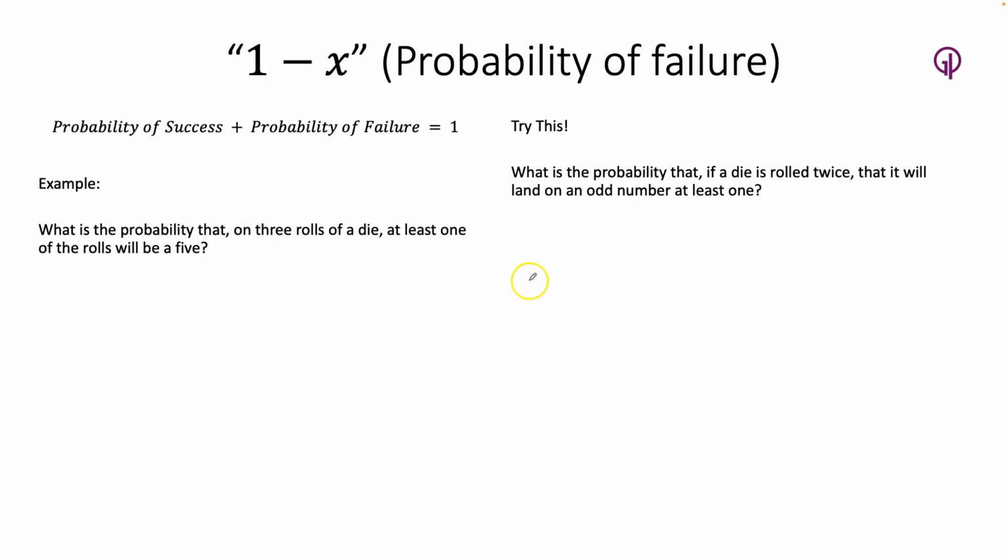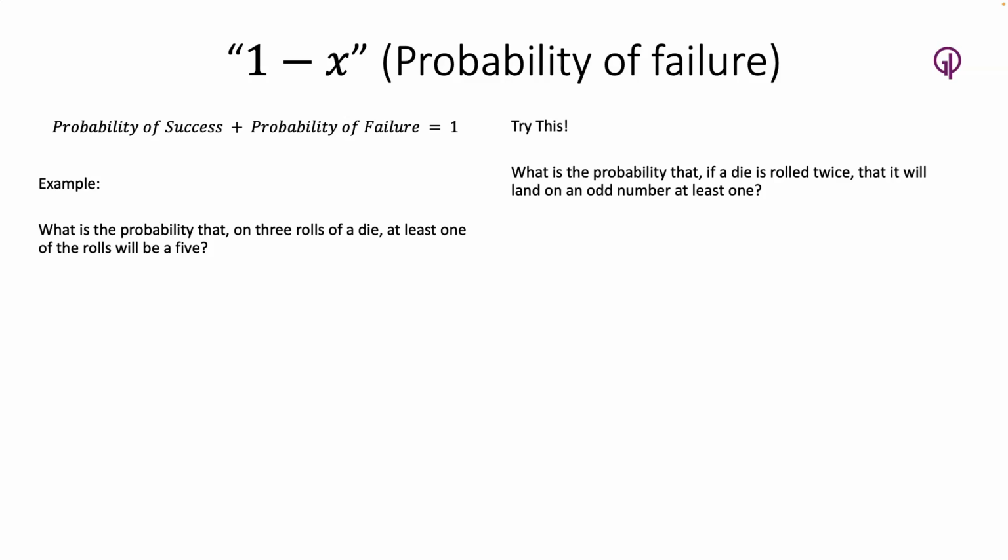Now here we will look at probability of failure, or 1 minus x. As we have shown in the previous section, you can solve all problems by combining the probabilities of individual events.